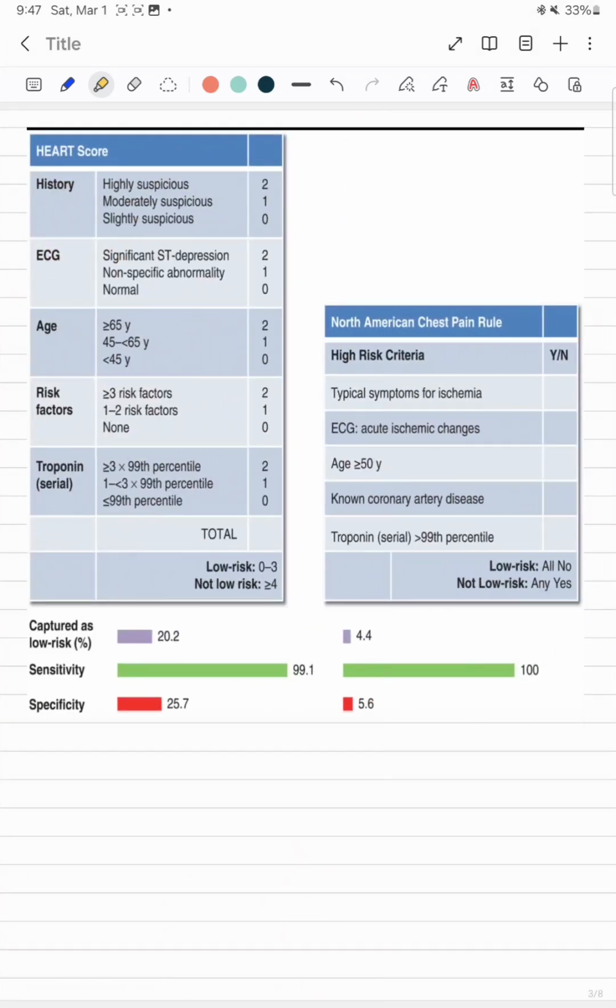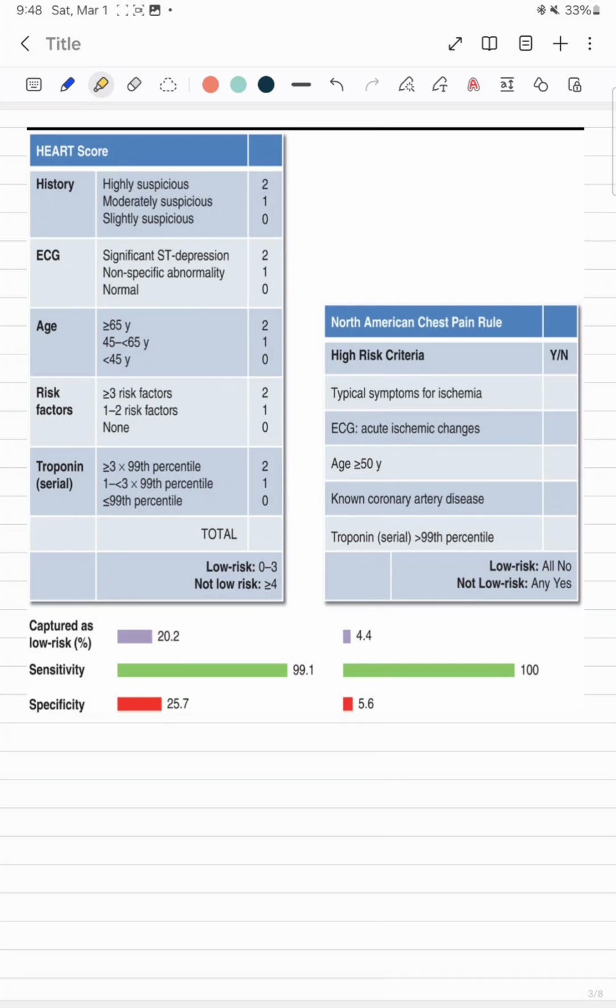So if you approach acute myocardial infarction, the risk or high-risk categories can be categorized with scores like the HEART score, which includes history as highly suspicious, moderately suspicious, and slightly suspicious. The highly suspicious history includes acute onset pressure-type pain radiating to the arm and associated with diaphoresis.